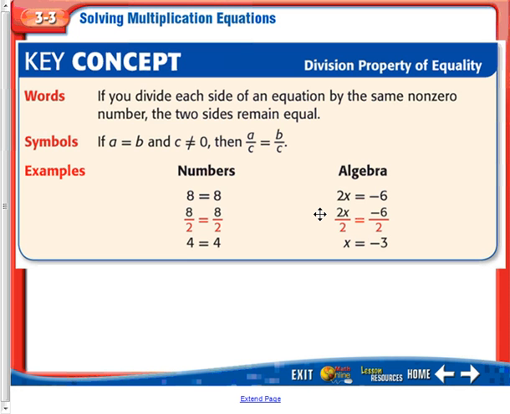So when we apply that principle in algebra, we see that if we have 2x, so 2 times the variable x equals -6, we know that from our rule before, if we divide both sides by 2, then the equation still remains equal.